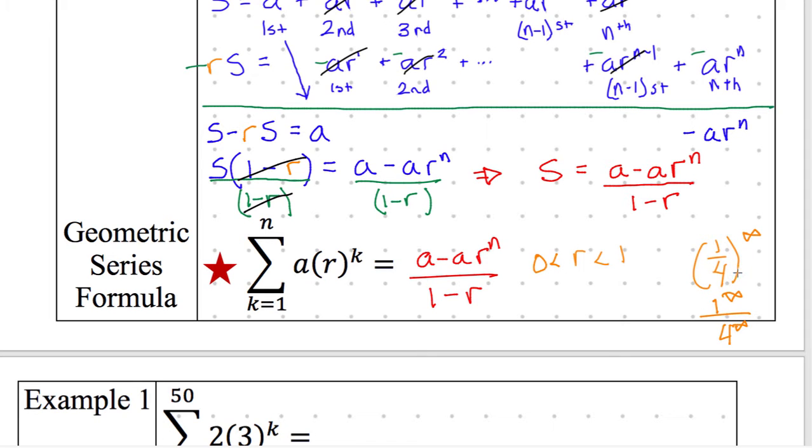This thing evaluates to 0, which means if I have an infinite number of terms, anything between 0 and 1 to the power of infinity is 0. Look what happens when you plug in 0 for r. That's 0, that's 0. You're left with a over 1. Sorry, only the things to the power of n go to 0.